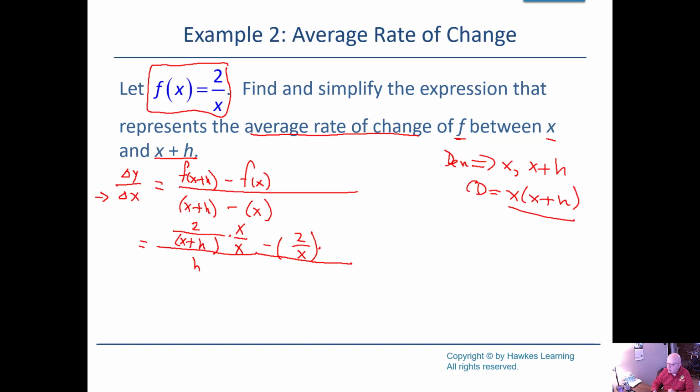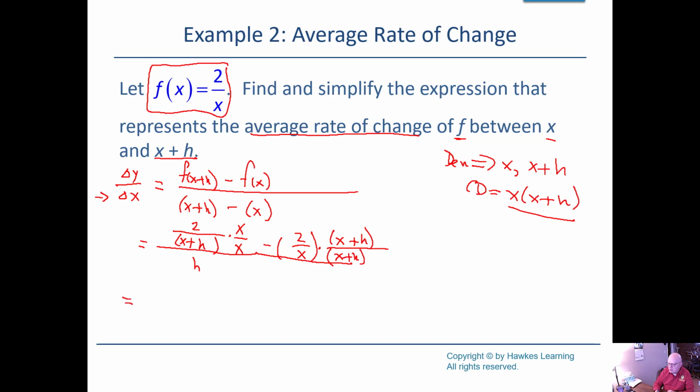On the other one, you already have an x in the denominator. What you need is an x plus h as a factor. And of course, this has to be equal to 1. So there, this will give you the common denominator. What's that give you? Well, it looks like a mess at first, but let's see.